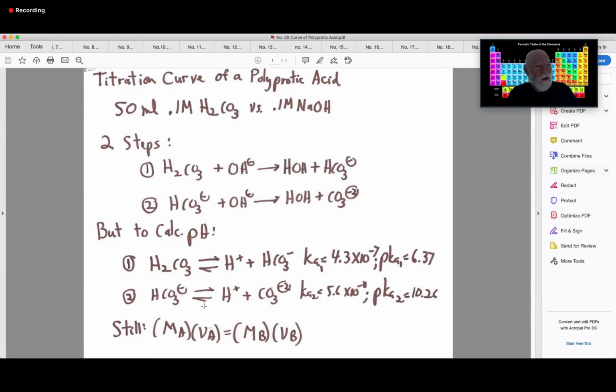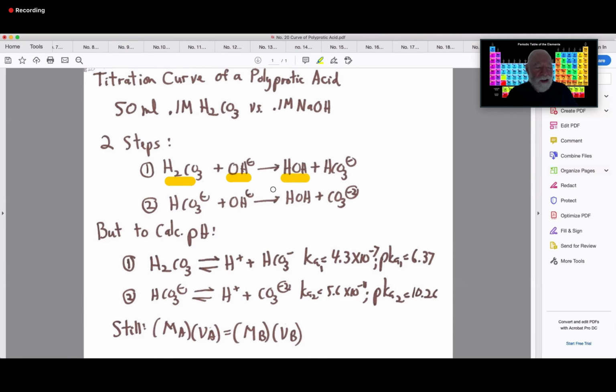Now, the secret to success on a polyprotic acid is to break it up into 2 steps. So step number 1 is the molecules of our carbonic acid are going to be attacked by hydroxide. Now, hydroxide is kind of smart. It wants to form nice stable water, but it wants to do it in the easiest possible way.